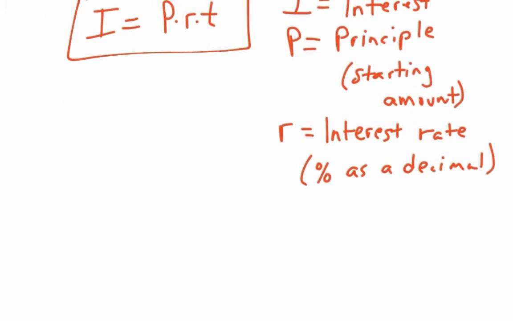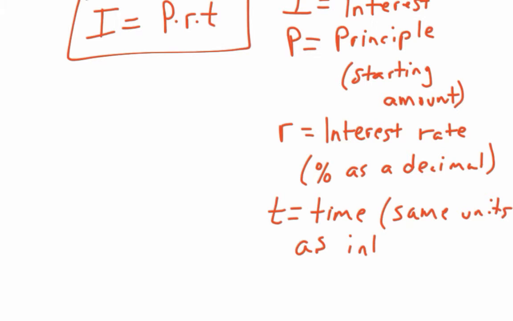Then the very last thing we had was T. T is going to stand for time. But I want to make the clarifier that it's the same units as the interest rate. So same units as the interest rate, because sometimes they'll say they're going to give you 4% a year.